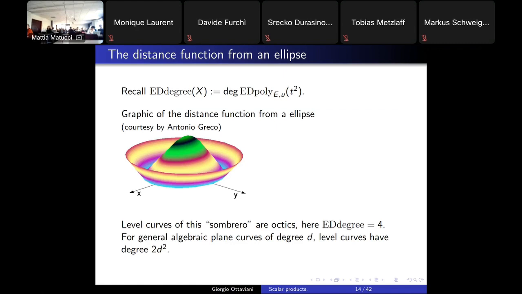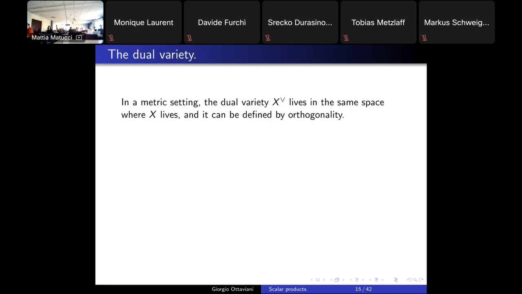And the level curves, if you cut the sombrero with some horizontal plane, are octics. And the ED degree is 4, which is just 1/2 of these. Now, the result for a general algebraic curve of degree D: you get a similar picture, and the level curves have degree 2D squared. So you can say the ED degree is D squared.